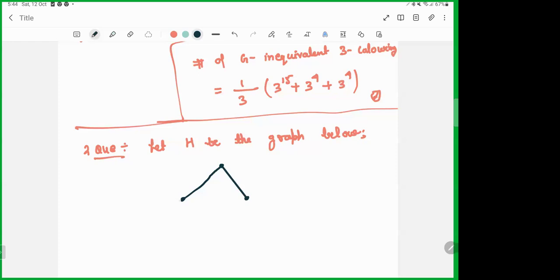Then we have 3 from here and 2 from here, and there is one connecting it. So let's name the vertices. This is my V1, this is V2, V3, V4, V5, V6, V7, this is V8. So this is the graph.